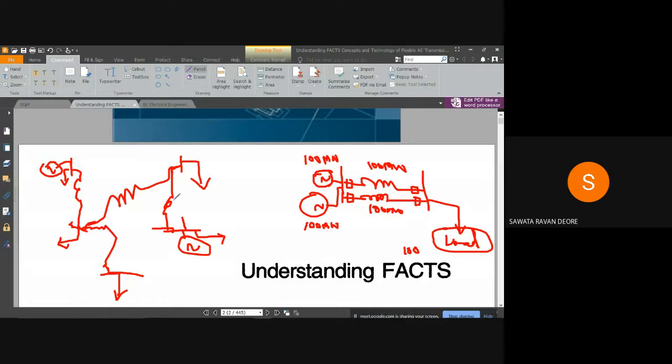obviously this interconnection is decided based on the possibilities of every line outage. If, for example, this line goes out, under that circumstance this generator can locally manage this, no problem. But whether this generator has the capacity to manage the load of all these 4 buses, we also need to think of that. So the system planners always work out all these things, so that if there is any single generator outage, or 1 or 2 generator outages in the power system, it still will not affect the continuity of supply.